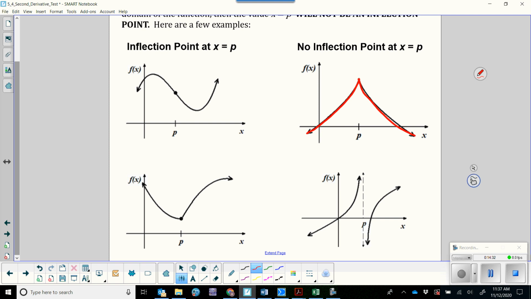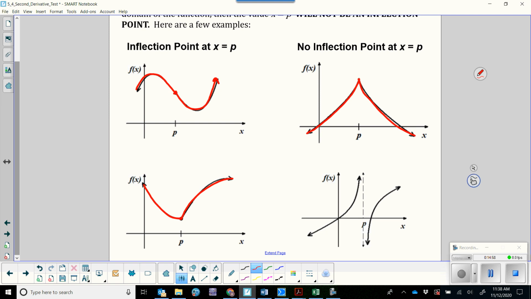So I guess we can look at these. I just didn't want to do the ones above it, but these are good to look at. So for example, there's an inflection point right here at P, because this is clearly concave down and then switches to being concave up. Okay, so that's an inflection point. Here, we have concave up, and we do change to concave down, so it is a point of inflection.